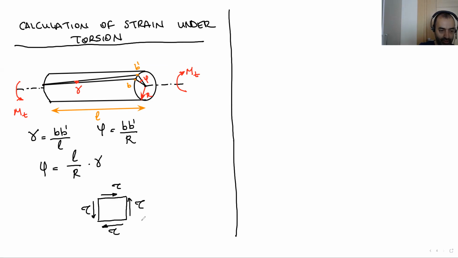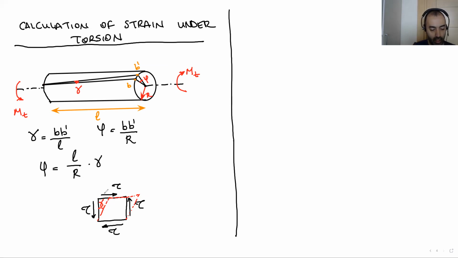Under the shear stress, this shape deforms and gets this red dotted line shape. So the angle here is gamma.